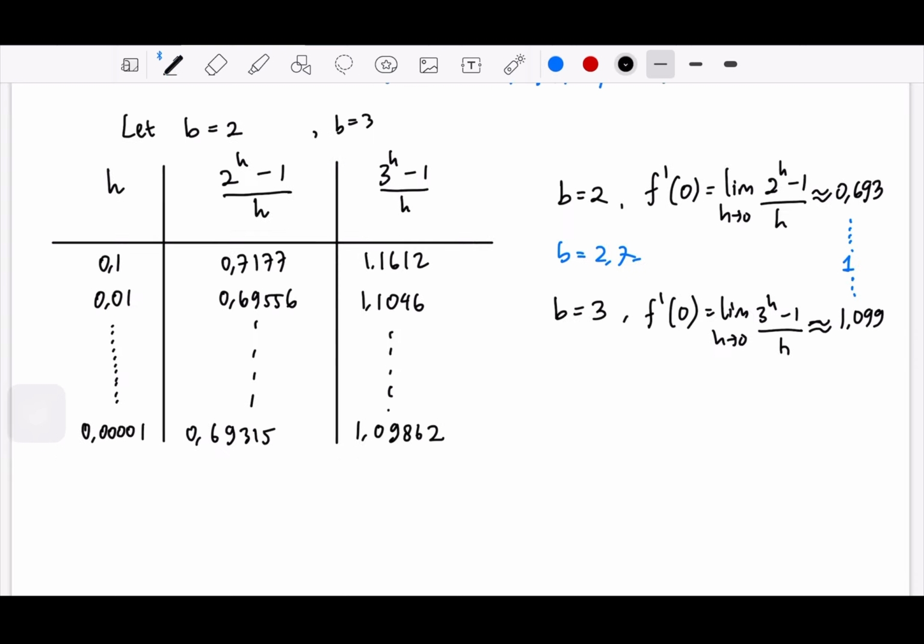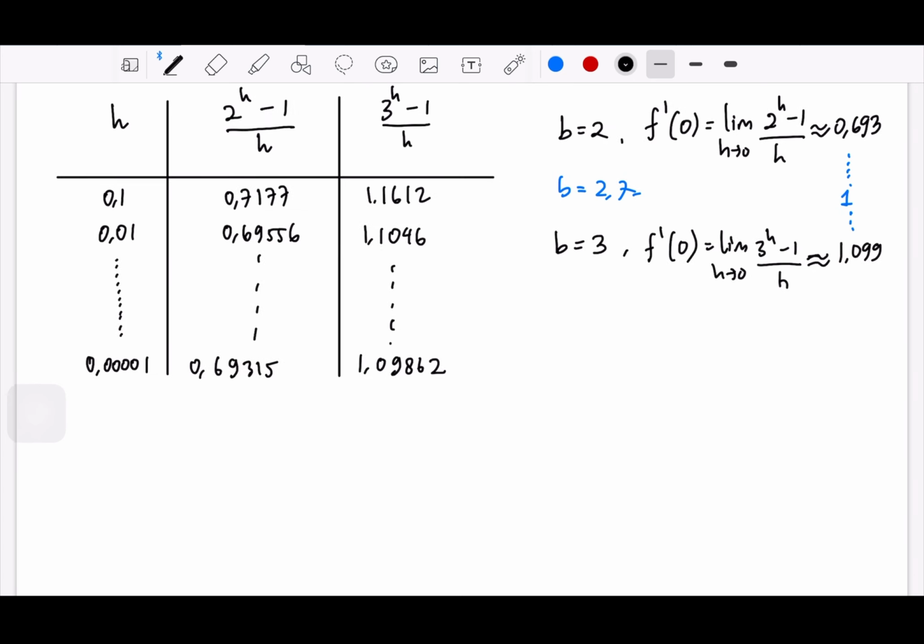So e is the number such that the limit as h goes to 0 of e to the power of h minus 1 divided by h is equal to 1.